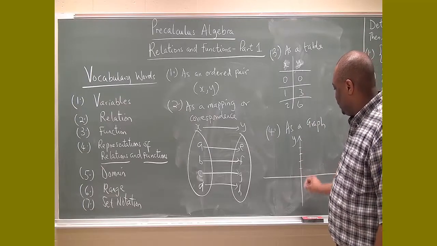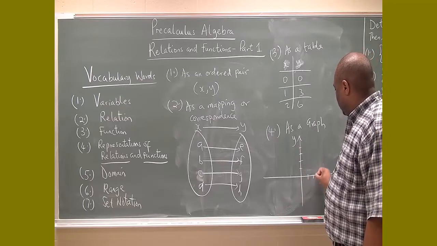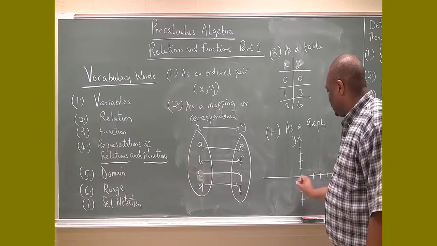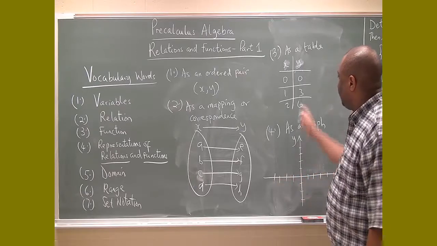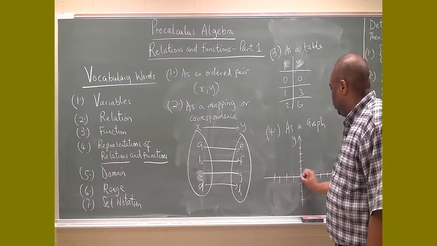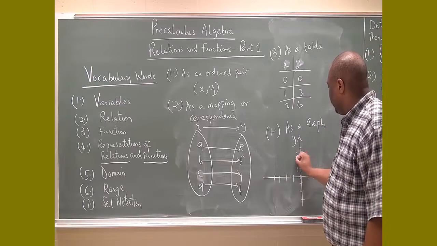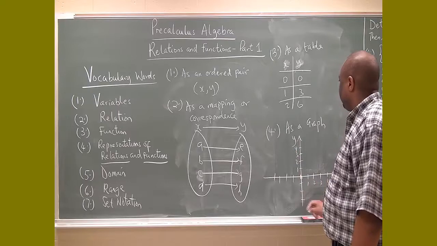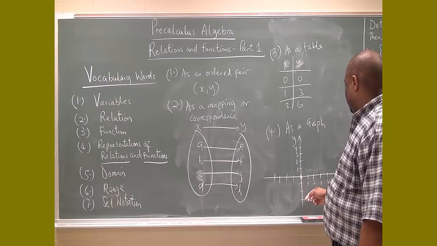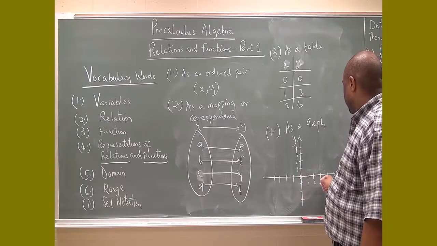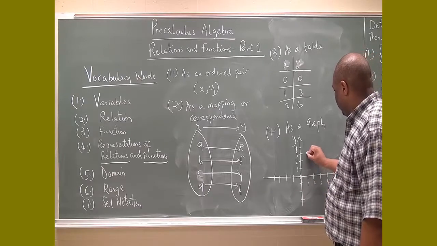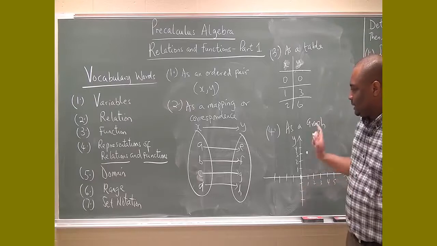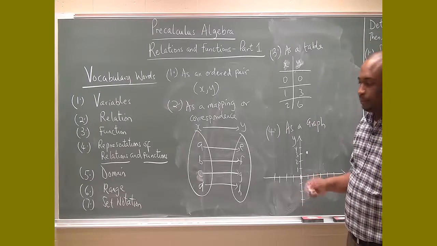Let's say 1 cm represents 1 unit on the x-axis, 1 cm represents 1 unit on the y-axis. Right? You can represent this as a graph. When x is 1, y is 3. And when x is 2, y is 6. So you can represent it also as a graph.